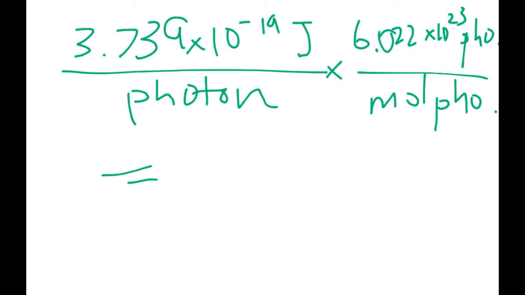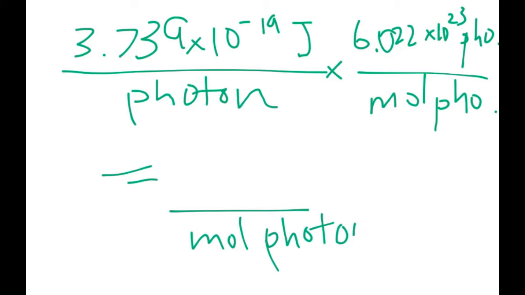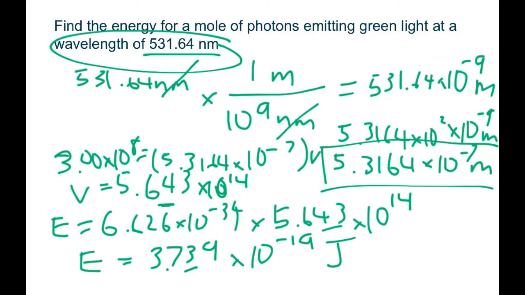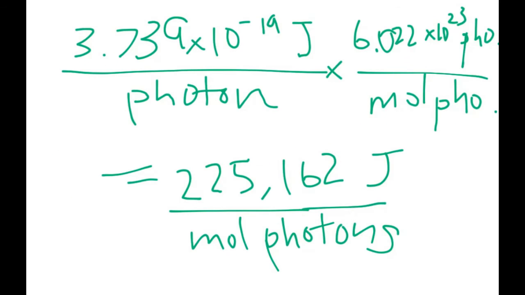So 3.739 times 10 to the negative 19 times 6.022 times 10 to the 23rd, we get that per mole of photons, we have, let's see, 225,162 joules. And notice how we have 3 sig figs still, since in our previous answer it was 3 sig figs, and this has 4 sig figs, and our answer will have 3 sig figs.